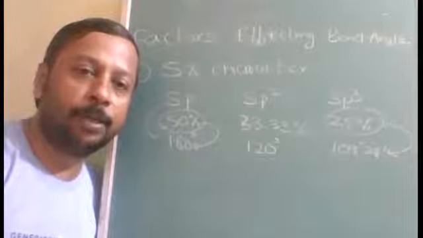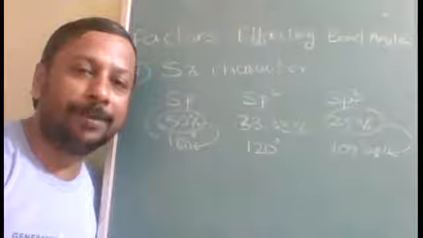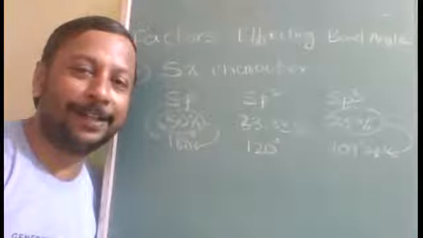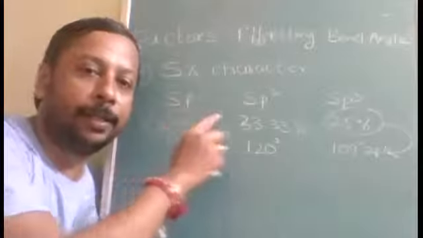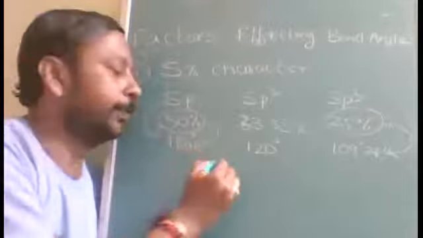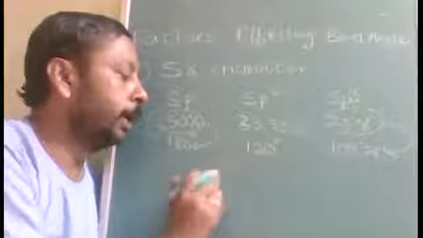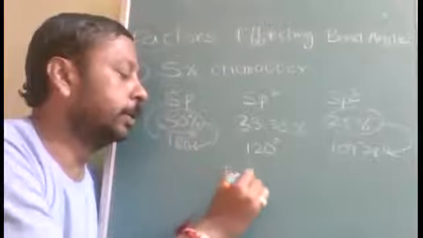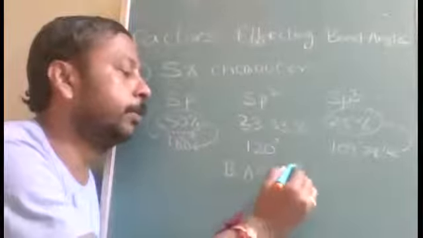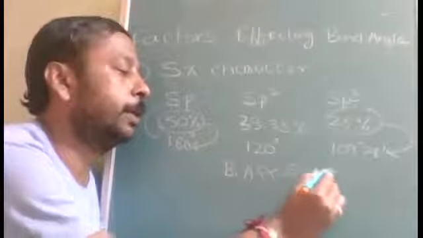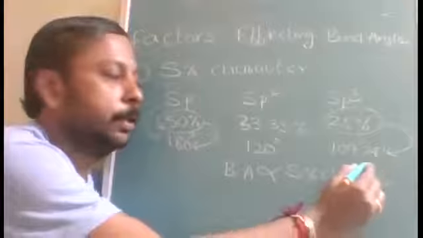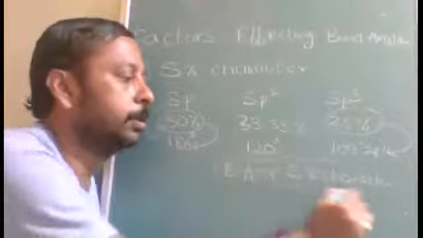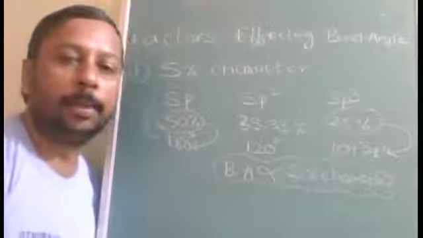Inversely or directly proportional? Very good, directly proportional. So the first factor: bond angle is directly proportional to s percentage character. Okay, this is the very first thing. Make a note of it.